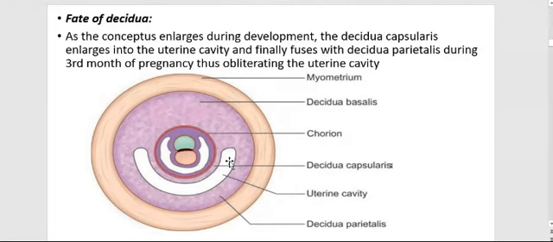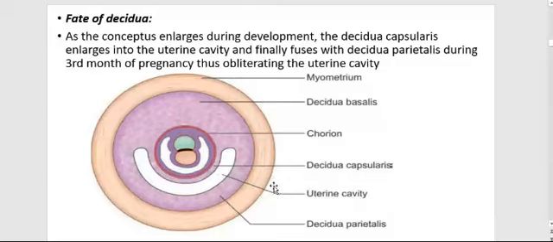By the time the pregnancy is about 3 months old, the decidua capsularis and the decidua parietalis will just meet.